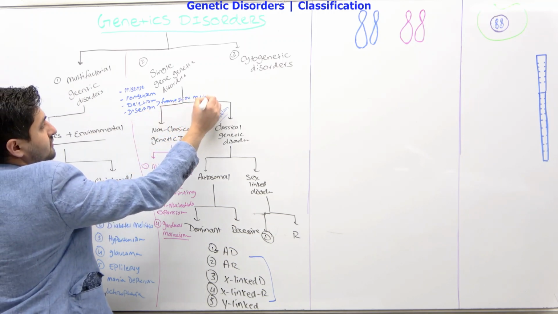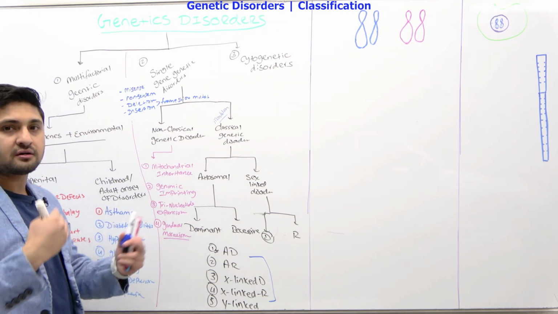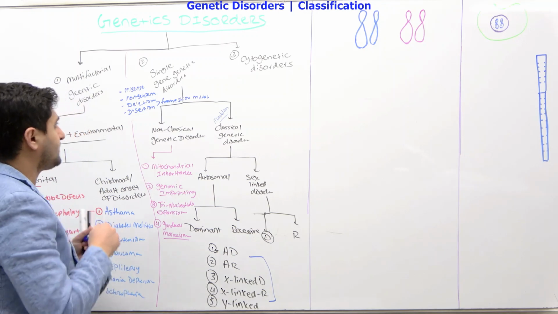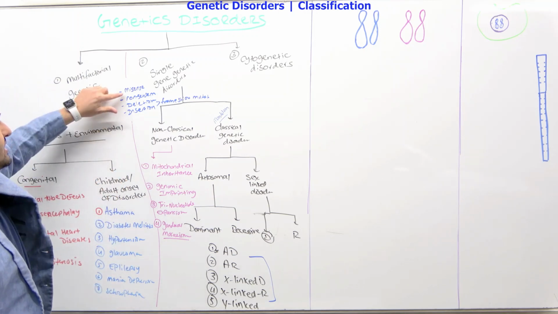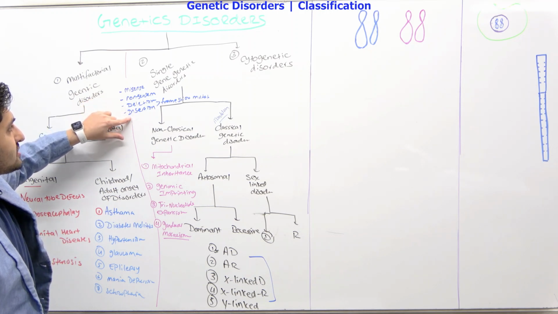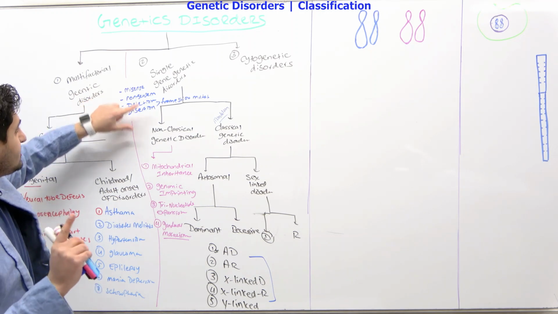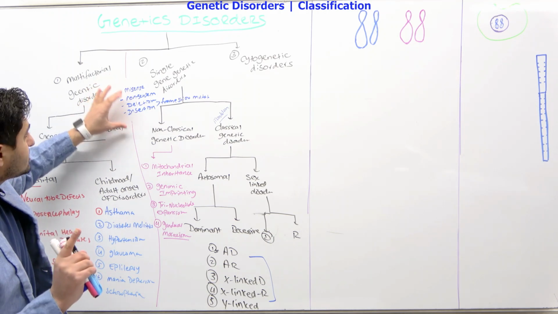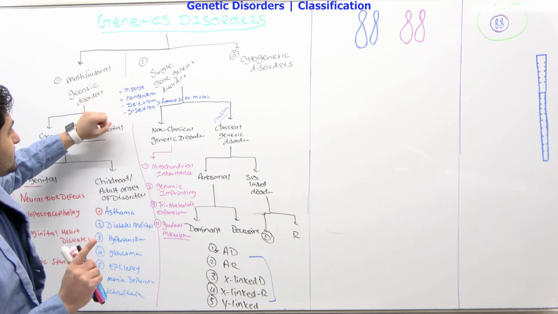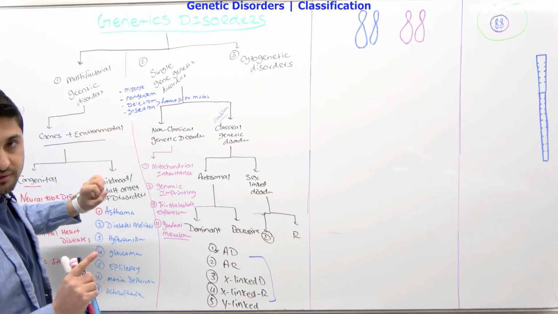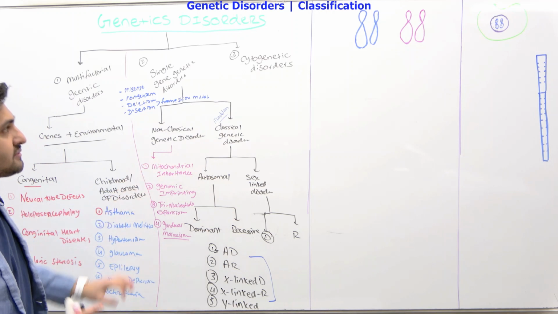But remember, a frameshift mutation is not a multiple of 3. We'll talk more about what that means too. But anyways, usually it's caused by a single gene mutation, like missense, nonsense, deletions, or insertion. That's what it means. The majority of single gene mutations are caused by any one of these: missense, nonsense, deletions, insertions. These are the major causes of single gene mutations.